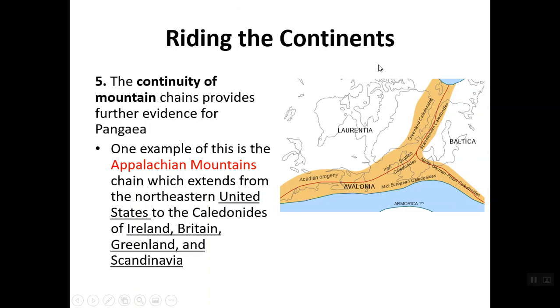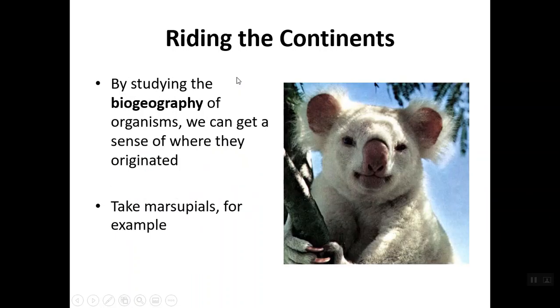All right, so we know that we have a lot of evidence of the existence of Pangaea, and taking from that, when we study biogeography, the distribution of species on Earth, we have to keep in mind the existence of Pangaea in order to come up with explanations and the history of a group of organisms.